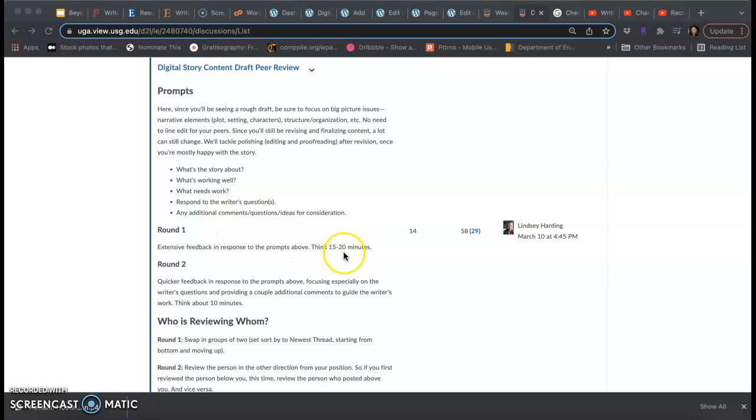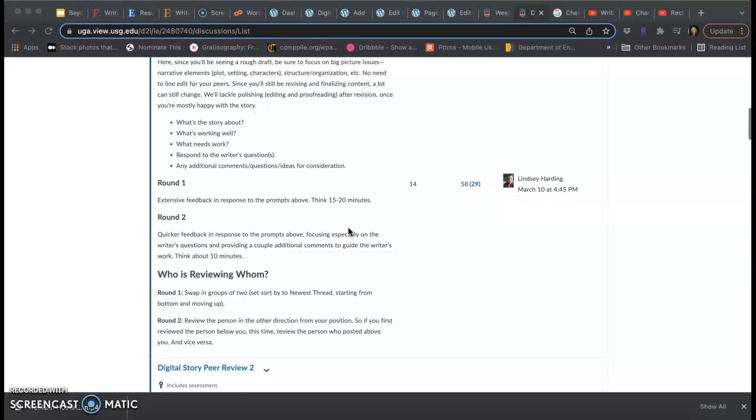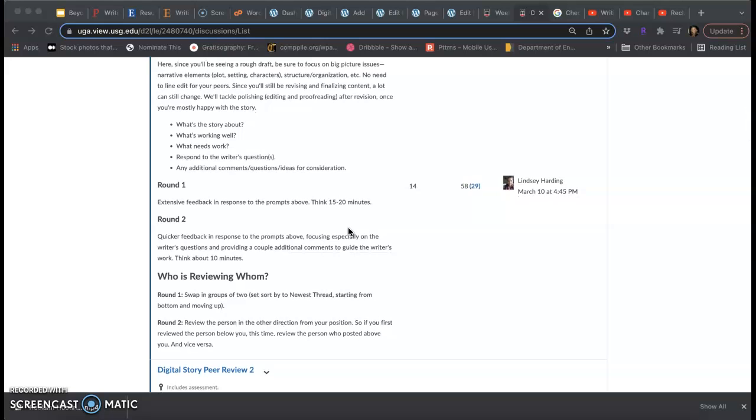And so I asked them to think about spending 15 to 20 minutes on the peer review. For round two, I wanted them to spend 10 minutes, and to think about the prompts above, but focus really on the writer's questions and perhaps provide a couple additional comments to help guide them.